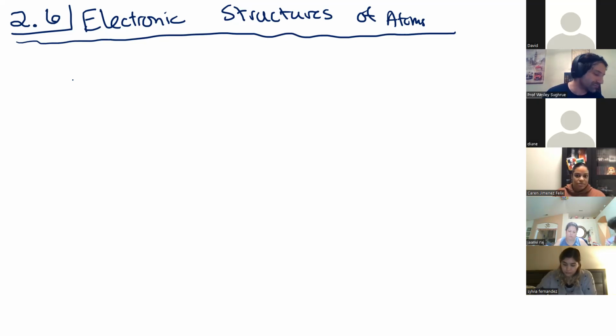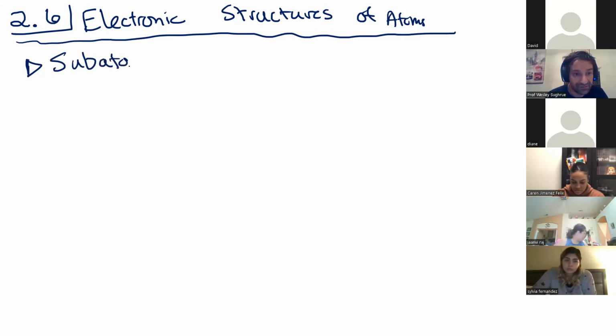Your book makes a few points here and there, and my study guide makes a few others. In previous sections we discussed subatomic particles.